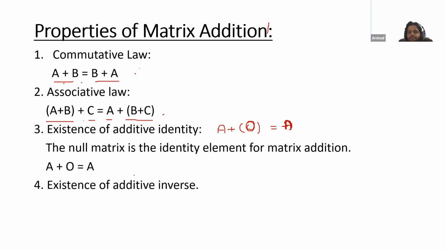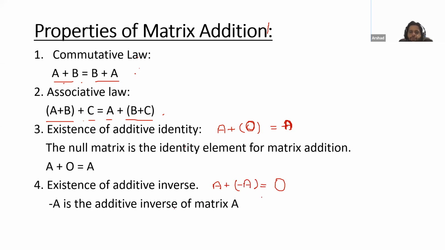Now, fourth one, existence of additive inverse. Suppose we have a matrix A, then what matrix will you add to it so that you will get a null matrix? Minus A. Very good, Rifat. Minus A. Please note down this and raise your hands once it is done. Then we will move to next topic.